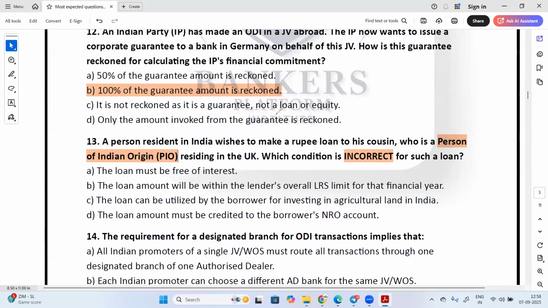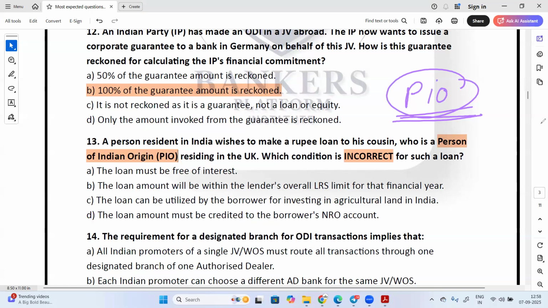The definition can be asked, or some scenario will be given and they will ask whether this person is a person of Indian origin or a non-resident Indian. So some case study type of questions will be there. Here in this question we have to tell which condition is incorrect.